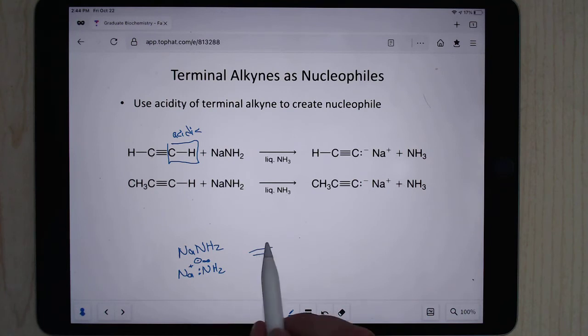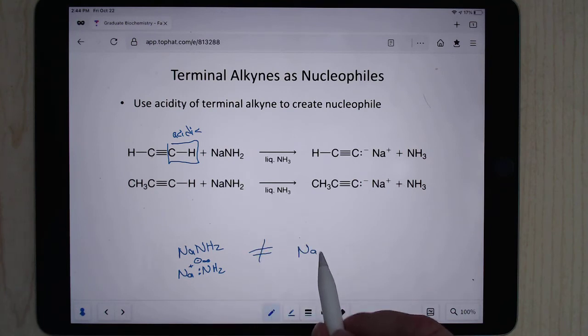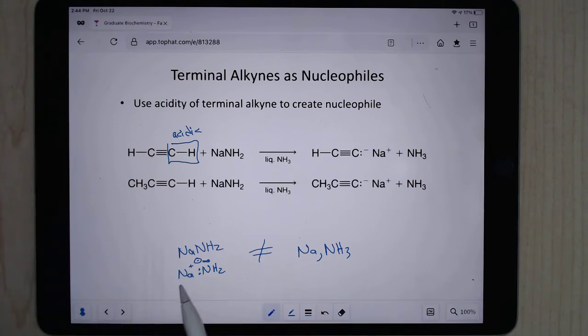It is not the same as this. So you have to be careful whether we're talking about sodium amide like this, which is used as a very, very, very strong base, or we're using sodium in the presence of ammonia, that does a Birch reduction. So just be careful.